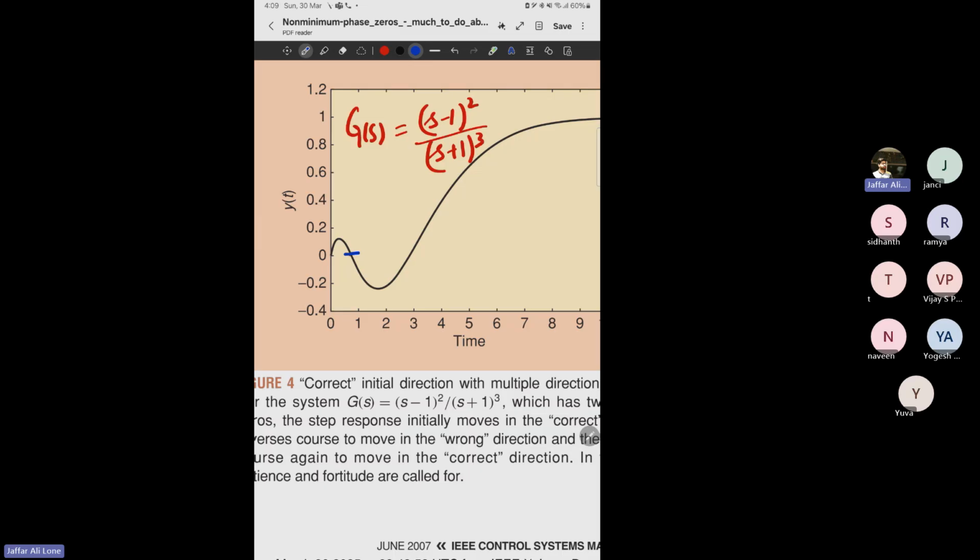One zero crossing is here, another is here. So my system crosses zero, goes into the wrong direction, then again reverses its direction, crosses zero, and comes into the correct direction. So how many zeros are in the right half? Two zeros. And how many zero crossings are there? Two zero crossings.